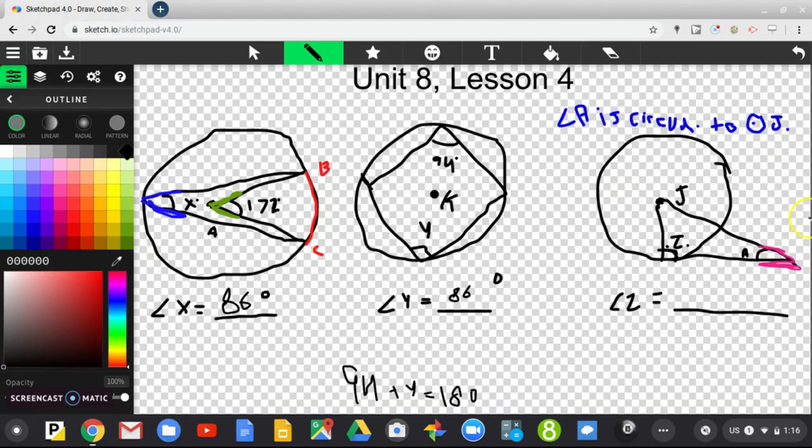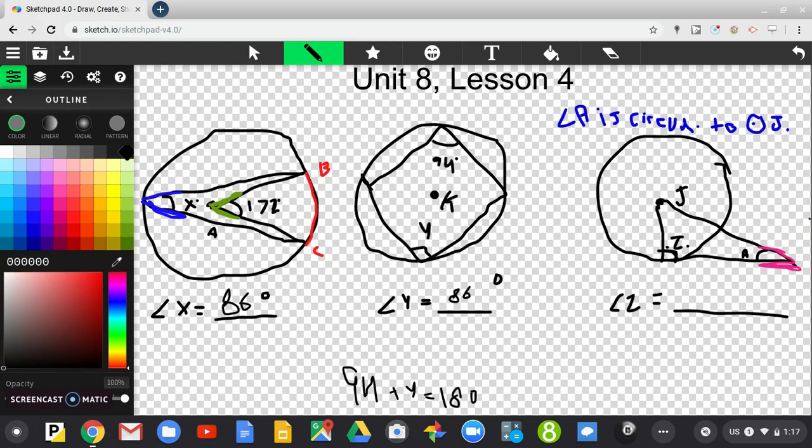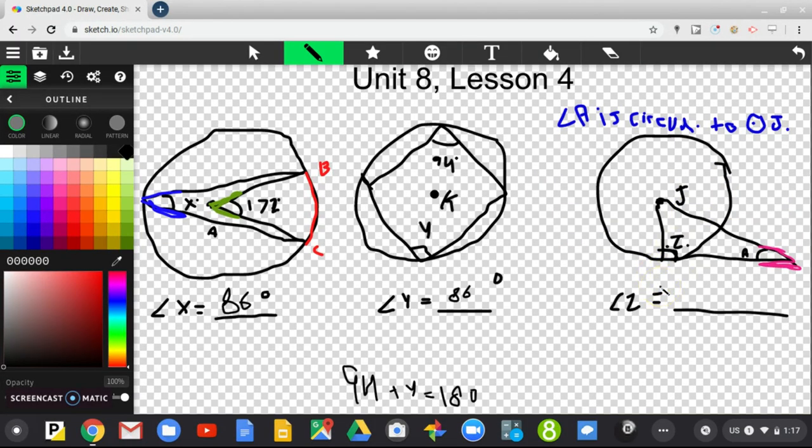So circumscribed means that the two segments that make up the angle are tangent to the circle. And if you don't know what tangent means, it means that it only intersects the circle one time exactly. If you need more information about that, see lesson 1.